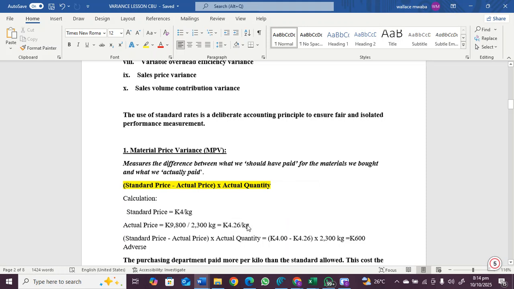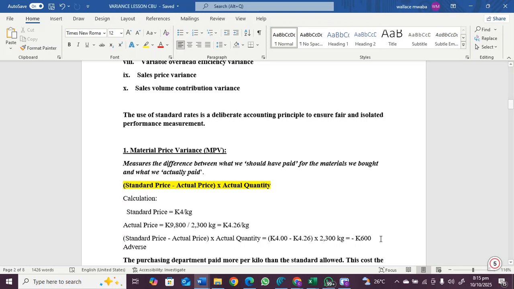So we want to find the variance. Standard price 4 kwacha per kg, minus actual price 4.26, multiplied by the actual quantity used, which the question told us was 2,300 kg. 4 minus 4.26 is negative 0.26, and negative 0.26 times 2,300 gives negative 600 kwacha, adverse.